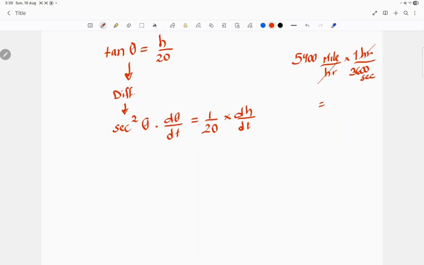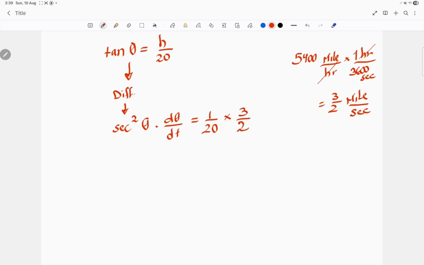Please divide and let me know how much you will get in miles per second. You will get exactly 3 over 2 mile per second. So now instead of dh over dt, I'll put 3 over 2.